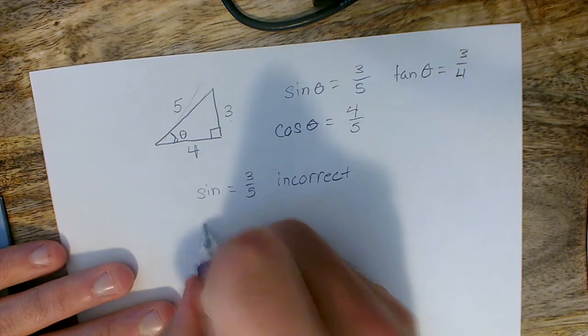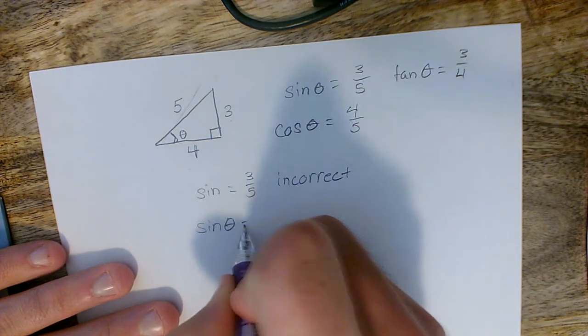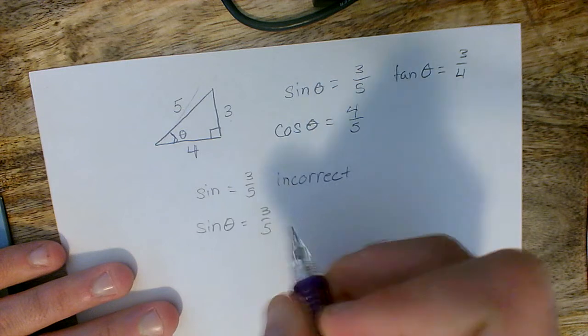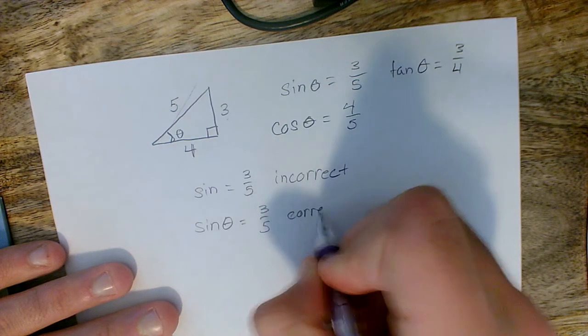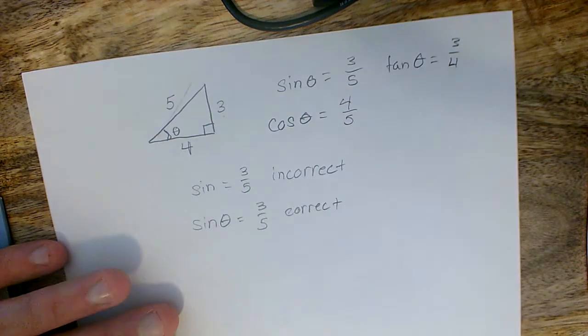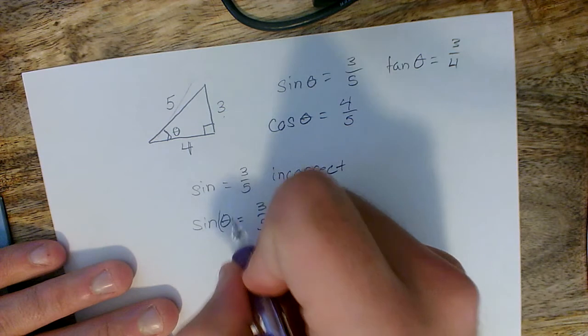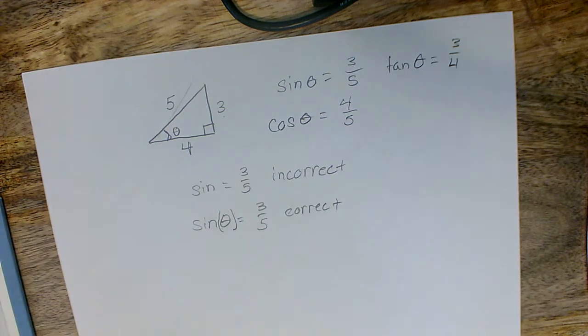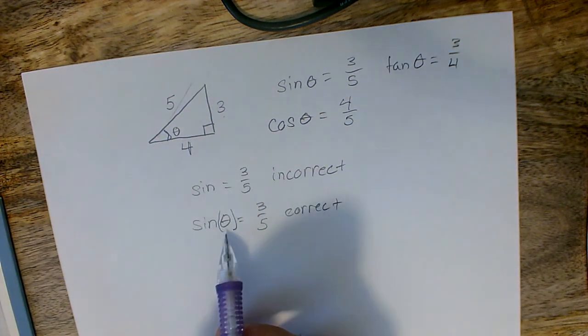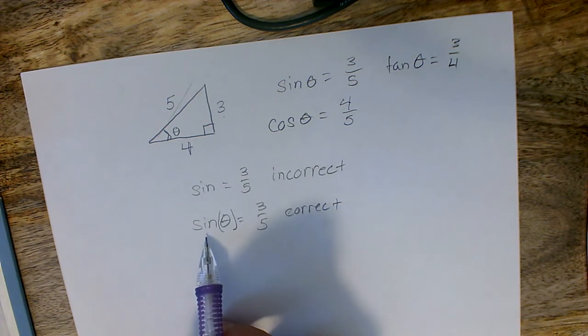So you need to have an input: sine theta equals 3/5. You can think of this as f of x, where f was a function name, while in sine of theta, theta is the variable and sine is the function name.